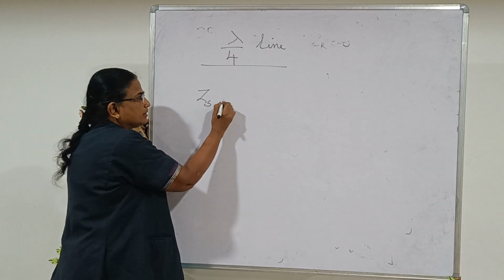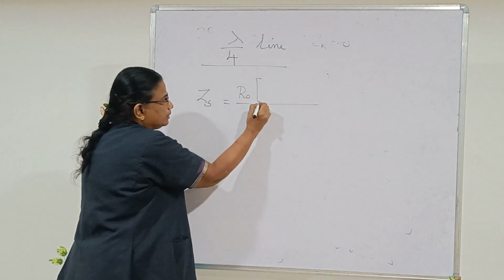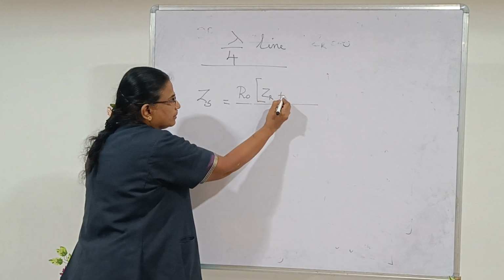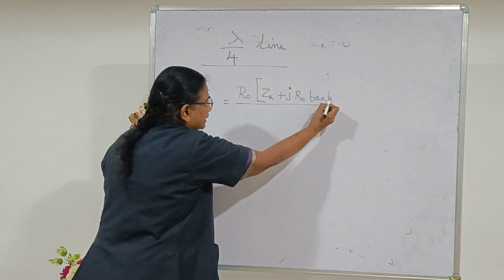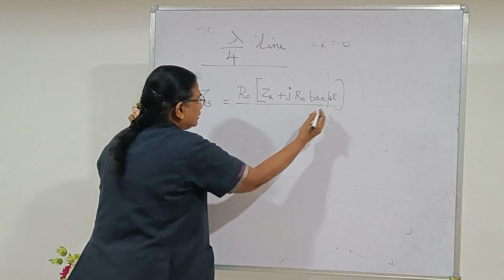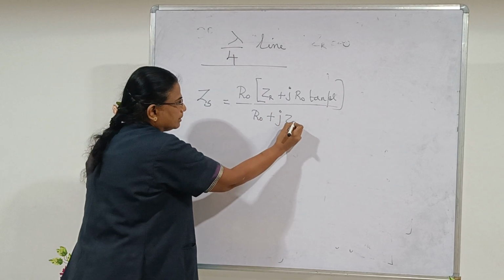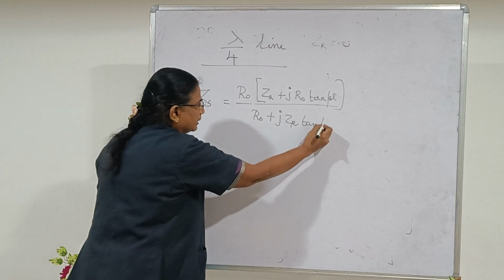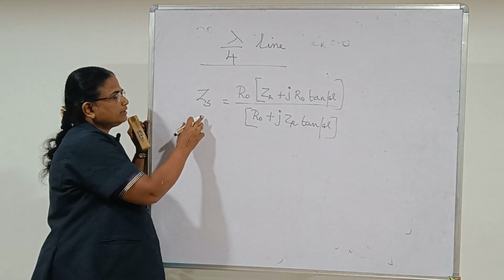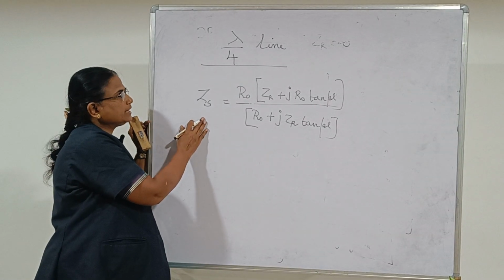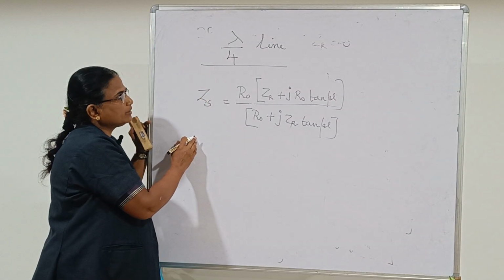So we know that ZS is R0 into ZR plus J R0 tan beta L divided by R0 plus J ZR into tan beta L. So now starting from this equation for sending end impedance, let us derive the sending end impedance for lambda by 4 line.